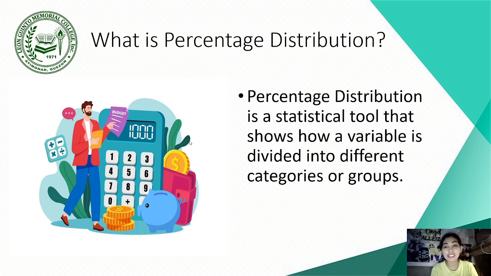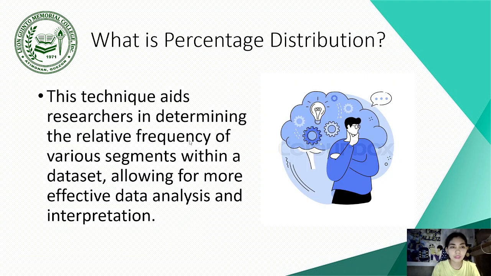It is a statistical tool that shows how a variable is divided into different categories or groups. This technique aids researchers in determining the relative frequency of various segments within a dataset, allowing for more effective data analysis and interpretation.